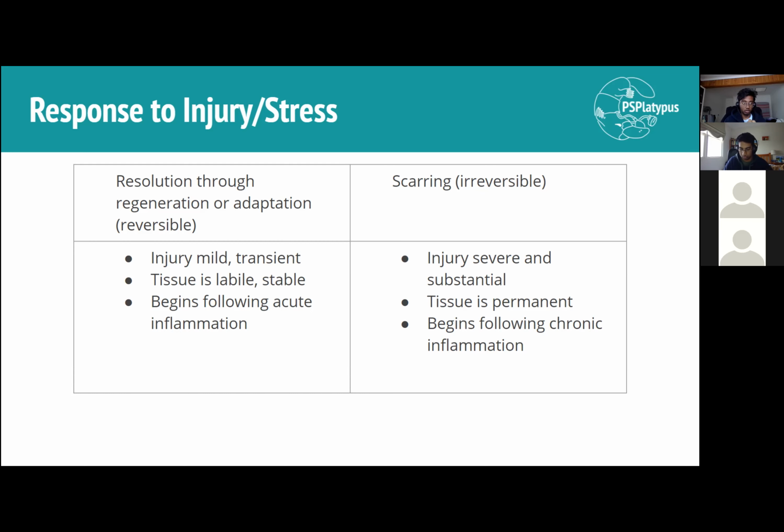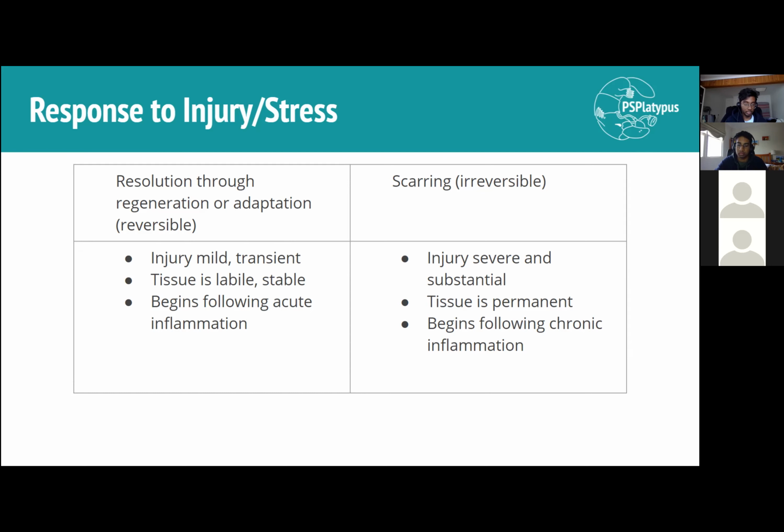Regeneration involves rebuilding using the same material. Adaptation involves rebuilding using different material. In response to stress or injury, tissue adaptation involves replacement of different tissue. If it's irreversible, you get scarring.